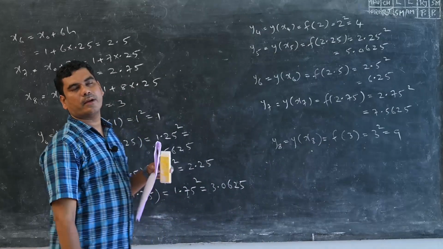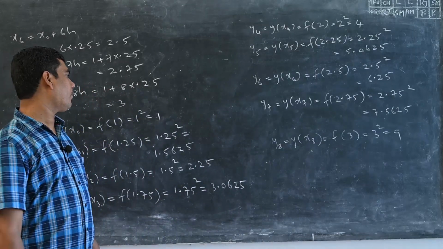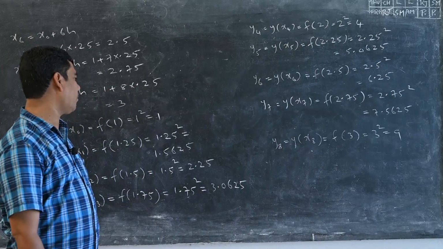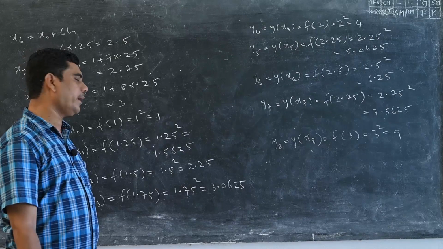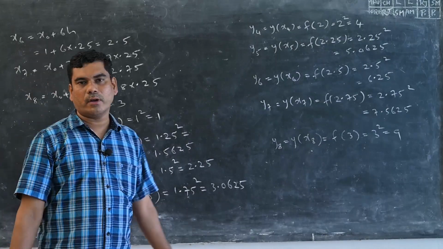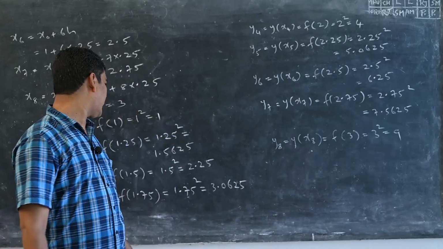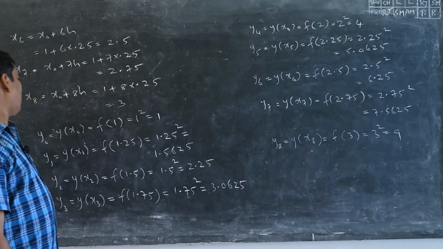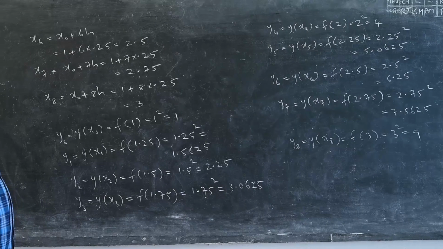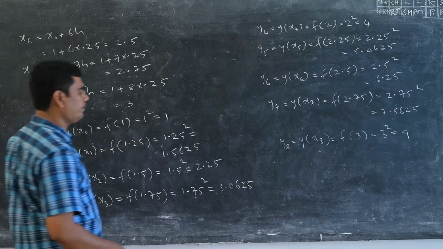So we have evaluated y0, y1, y2, etc., y8. Now approximate value of the integral 1 to 3 x square dx by Simpson's rule.